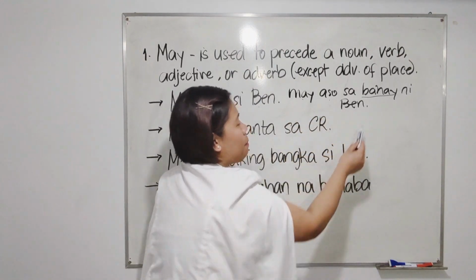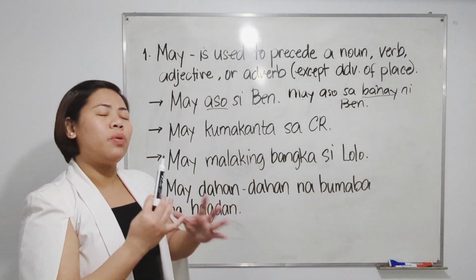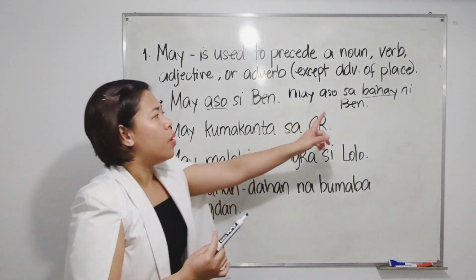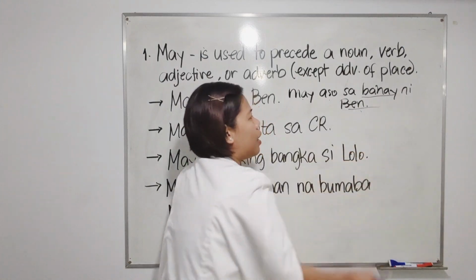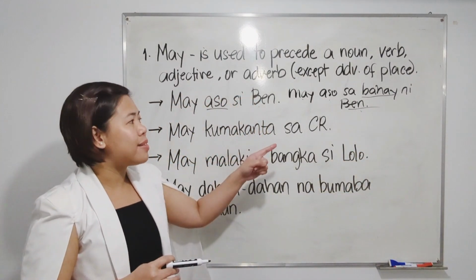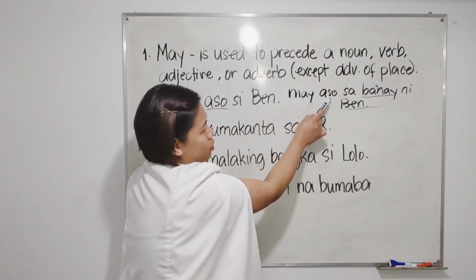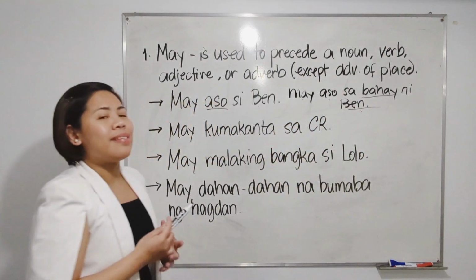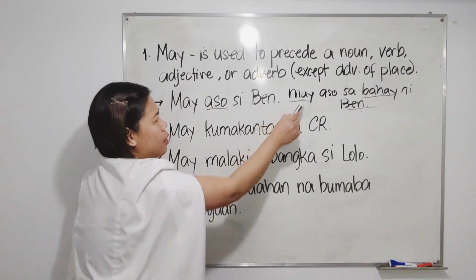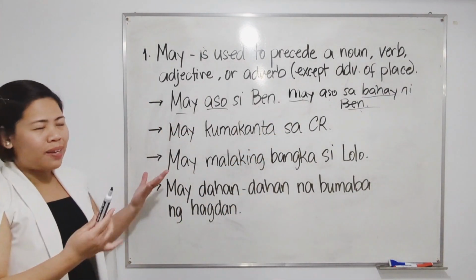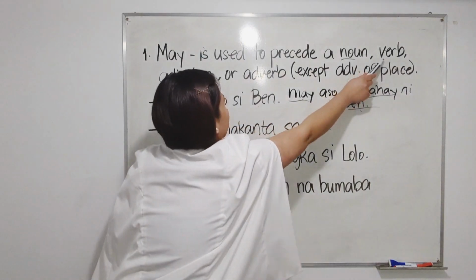Bahay ni Ben is Ben's house, because remember, we don't have the apostrophe S in Tagalog language. So we would say bahay ni Ben. It would be translated as Ben's house. So there is a dog in Ben's house. So now may here became there is from has. Okay? What about for the verb?